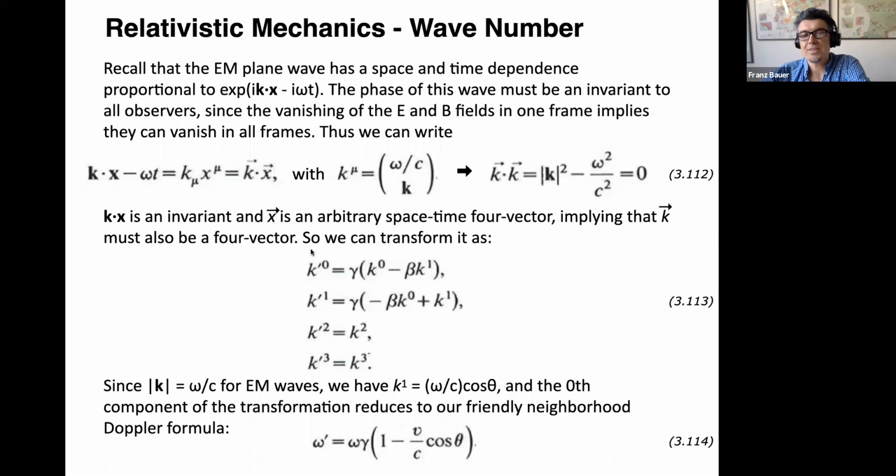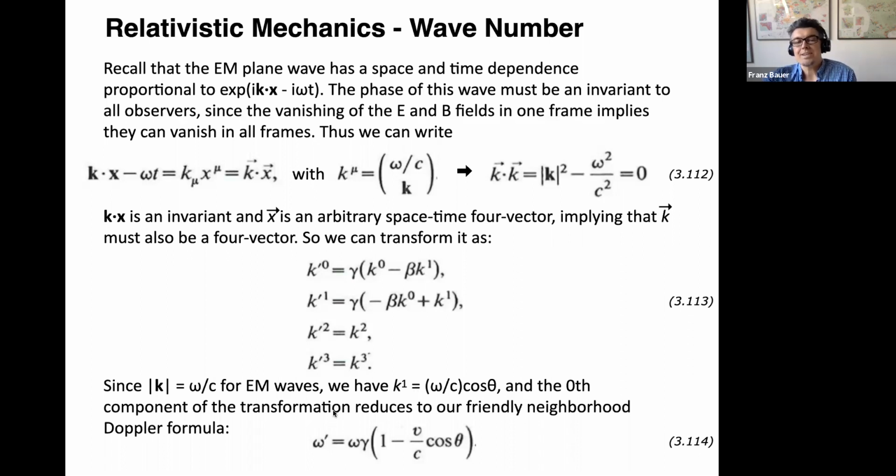We have a time component, which would transform like this. We have an x component, which would transform like this. And then the y and z components would transform evenly because the frames are moving in the x direction. So this thing would equal this for electromagnetic waves, and this k component would then look like this.